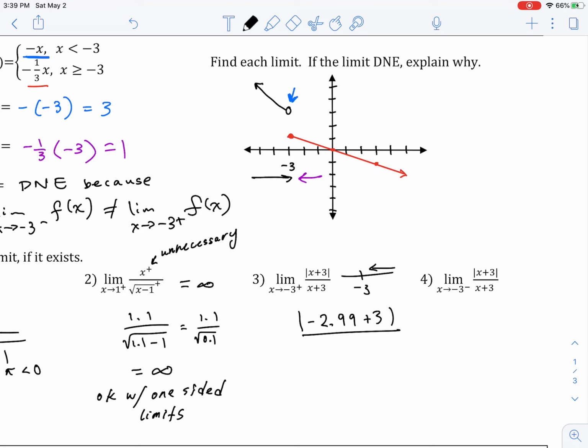The absolute value of -2.99 plus 3 over -2.99 plus 3. And that would give me the absolute value of 0.01 all over 0.01. And that's just going to be equal to 1. So that limit does exist.